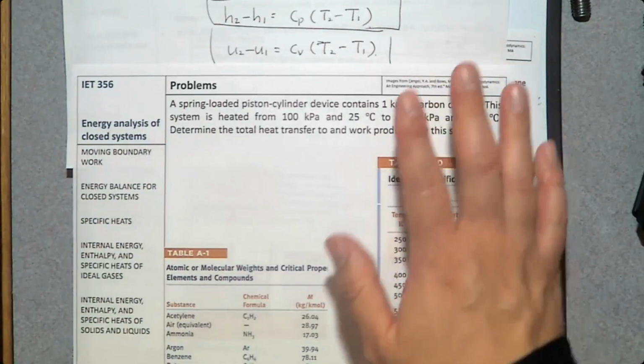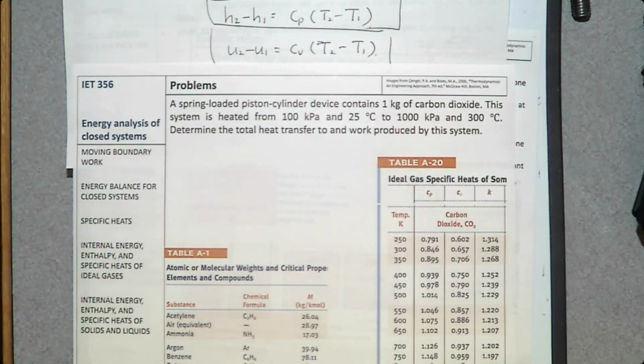The first problem, we have a spring-loaded piston cylinder device contains 1 kilogram of carbon dioxide. So we have a carbon dioxide. Is there phase change? Yes, when temperature is too low, but in general, no. So you can assume that the carbon dioxide is going to be just always gas, and that's a pure system.